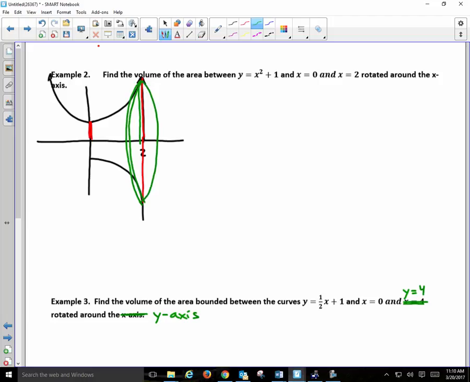Yeah, it looks like the end of a horn, right? Can you see it? So if you just look at one of those slices, it makes the shape of a disc.